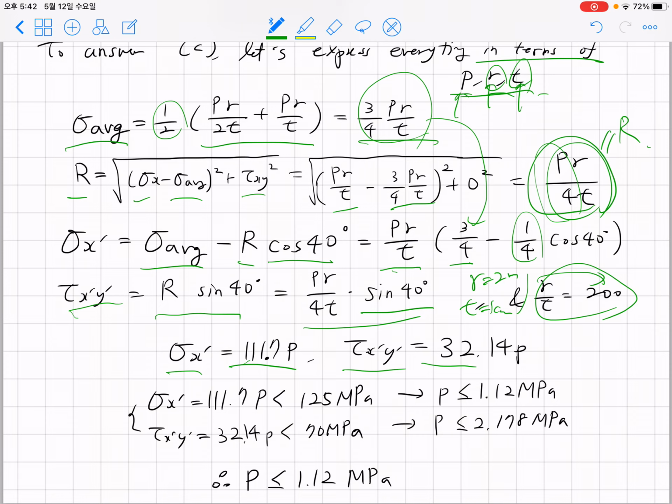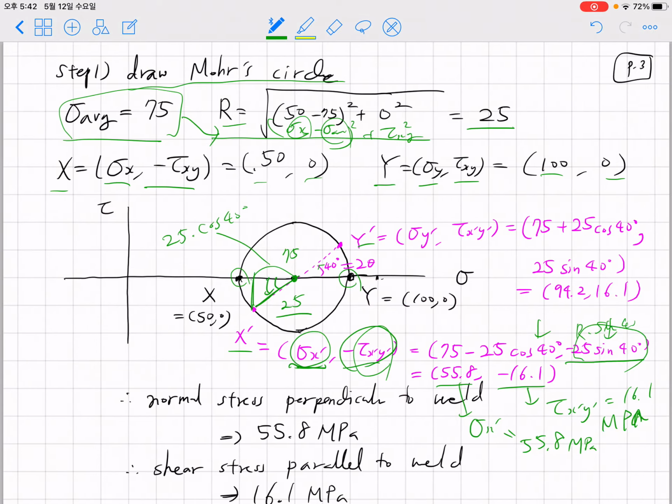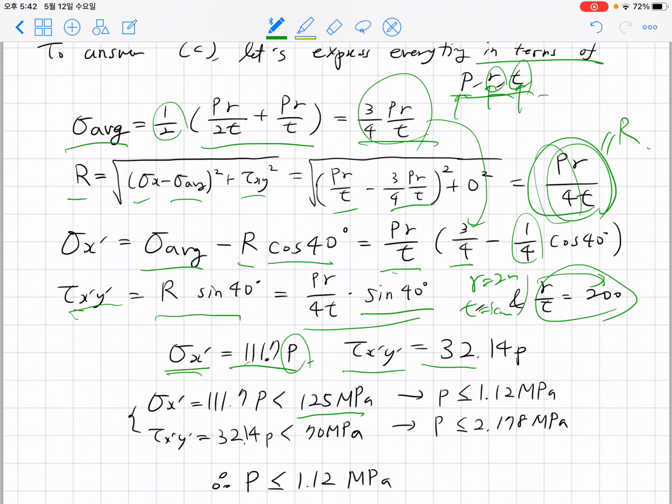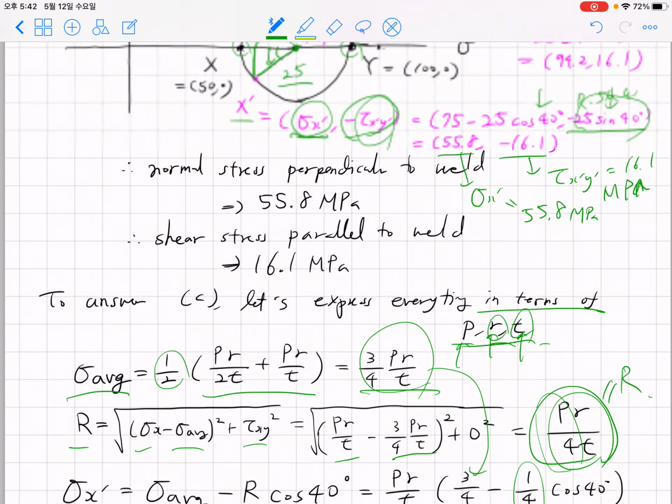Now, after obtaining the sigma x prime and tau x prime y prime in terms of the internal pressure of the gas, we have to make sure that sigma x prime is smaller than the allowable stress in the normal direction, which is 125, and tau x prime y prime must be smaller than the allowable stress in the shearing direction, which is 70 megapascal.